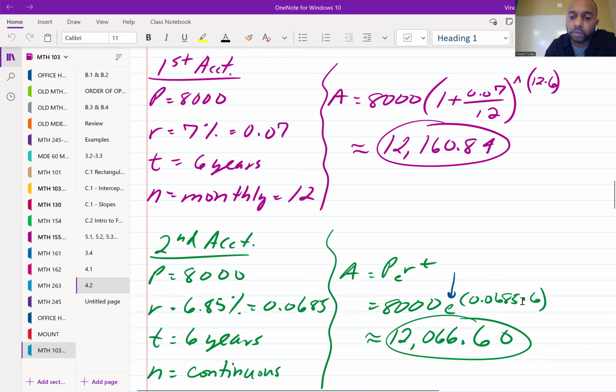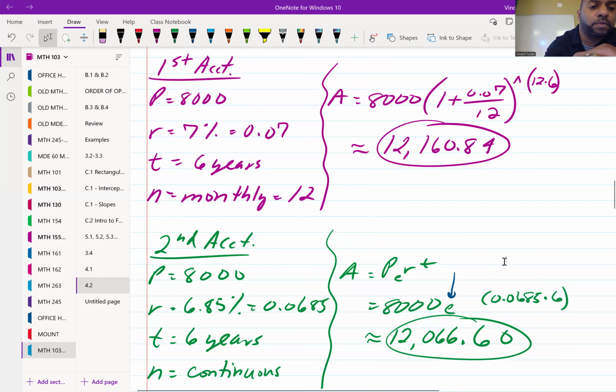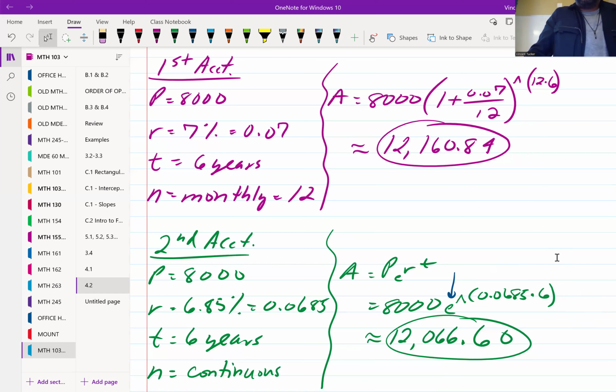Once again, it's 8,000 times E raised to the 0.0685 times 6.